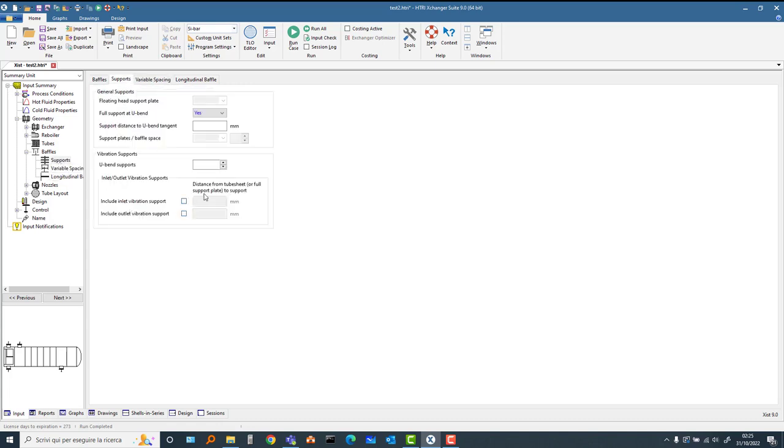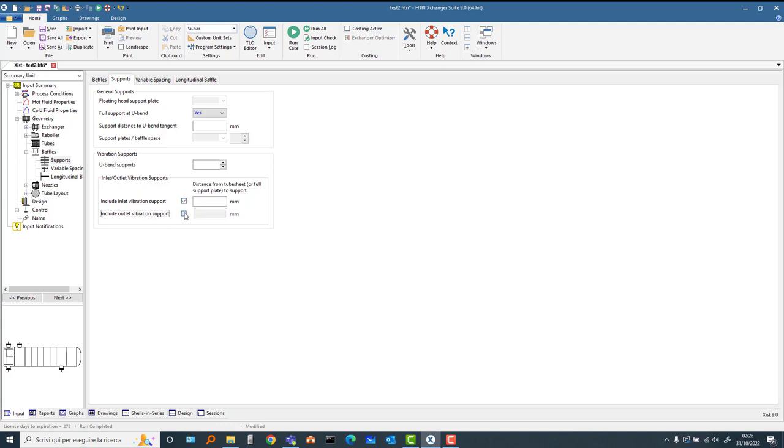Okay, you see these two fields, include the inlet vibration support, include outlet vibration support. What is a vibration support? It is just a half baffle, which has been set near the nozzle, just to divide in two parts the stream coming in or coming out from or to the nozzle.